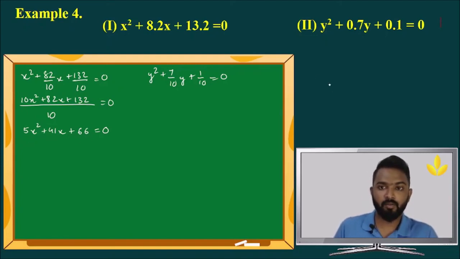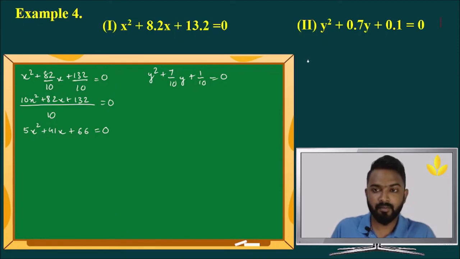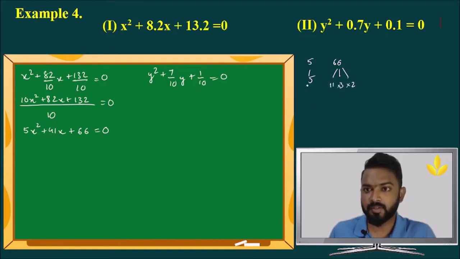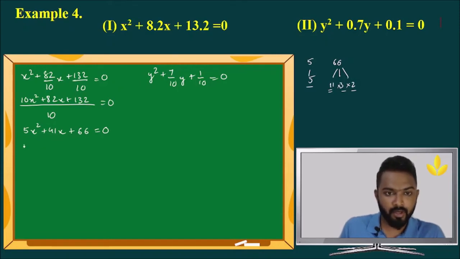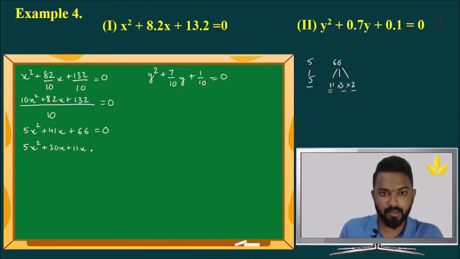Alright, so we need two numbers whose product is 5 into 66 and the sum is 41. Let's see, we have 5 which is 5 and we have 66 which is nothing but 11 into 3 into 2. And this one is very easy. 5, 3, 2 is 30 and we have 11. 30 plus 11 is 41. So we have 5x square plus 30x plus 11x plus 66 equals 0.